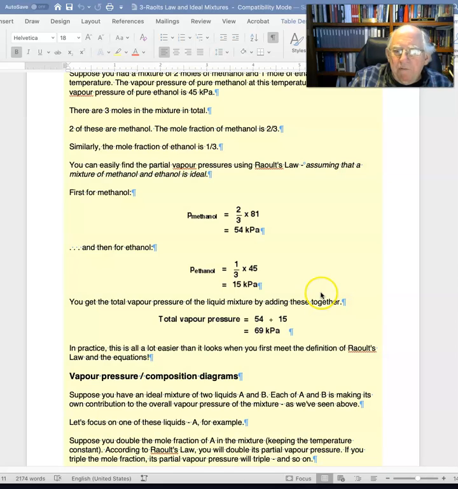Above that mixture, one would have a vapor pressure of 69 kPa. Again, if it was all methanol, it would be 81. If it was all ethanol, it would be 45. And we have this combination, and that is the definition of Raoult's law.